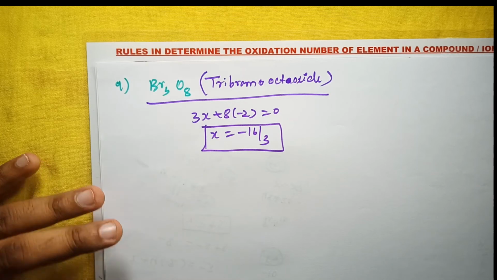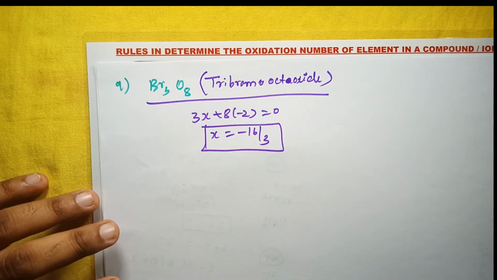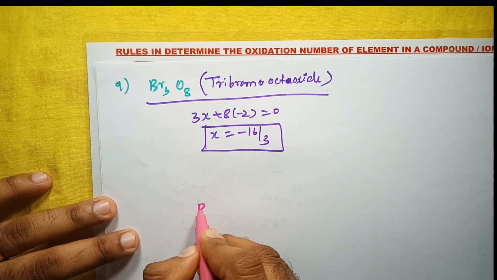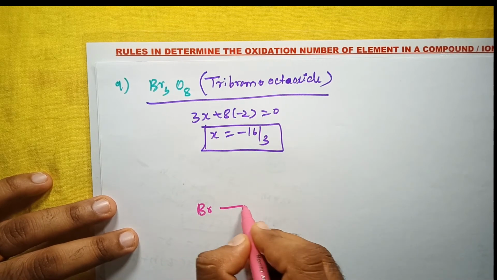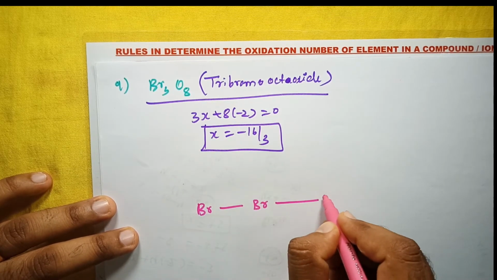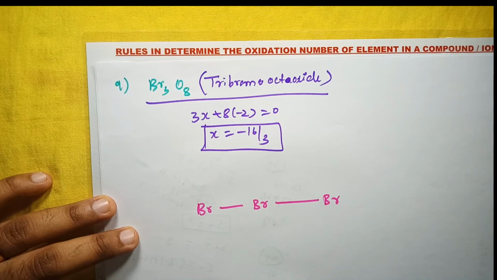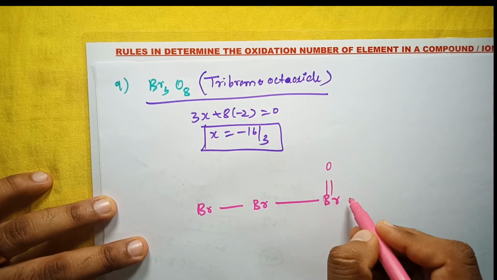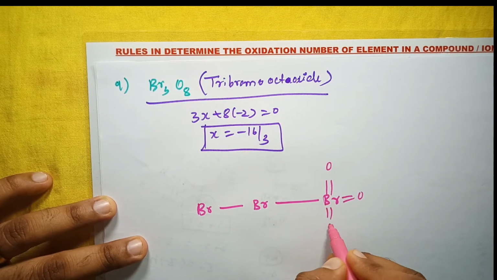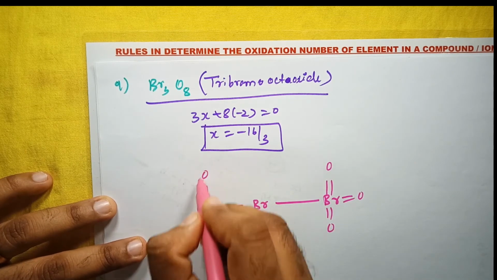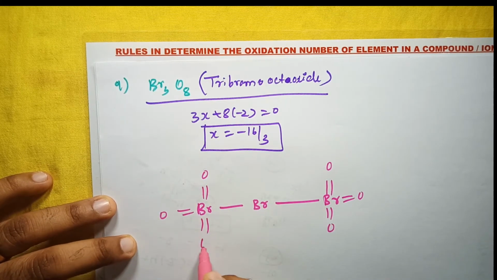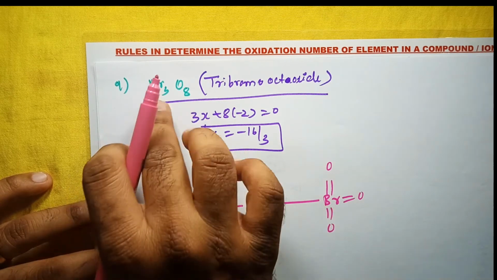Let's draw the structure of this Br3O8. Look here friends, Br, single bond Br, and then single bond Br. How many oxygen atoms are there? Look here friends, 8. Double bond O, here double bond O. Next look here, double bond O. Total 6 oxygen completed, only 2 left here.